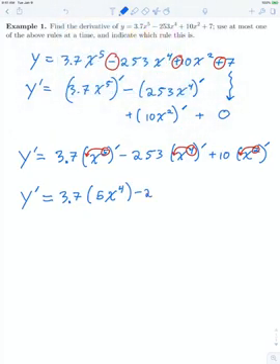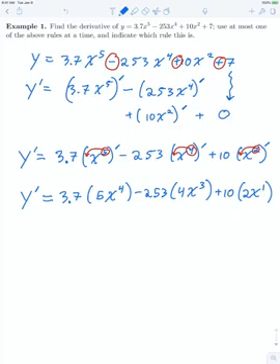Okay, so minus 253 and 4 comes down in front, and then subtract 1 from the power, you get x cubed, and then plus 10 and subtract 1 from the power, or sorry, bring the power down in front, and then subtract 1 from the power, you get x to the 1.